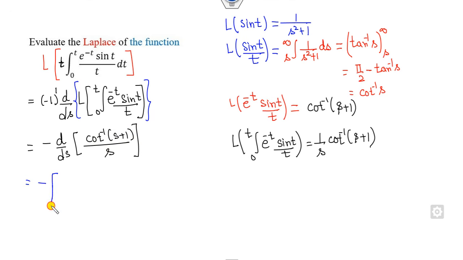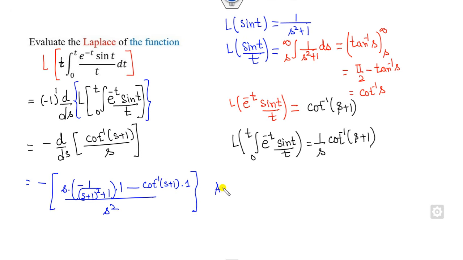What is the derivative of this quantity? S square, s. What is the derivative of the cot inverse? 1 over s plus 1 whole square plus 1, into 1 minus, I can put cot inverse of s plus 1 here, times the derivative of the denominator quantity. So that is the right answer of this problem. Or you can simplify it a little bit.